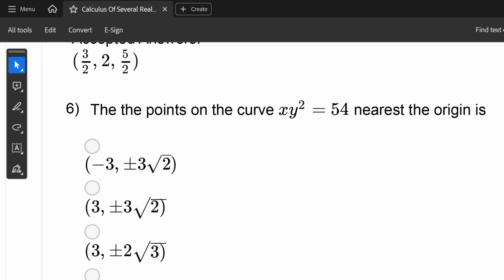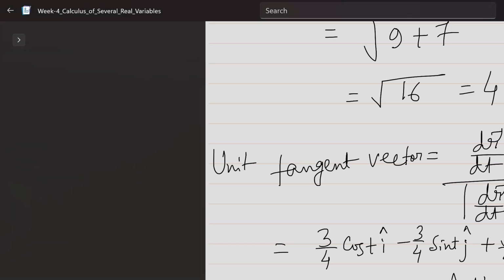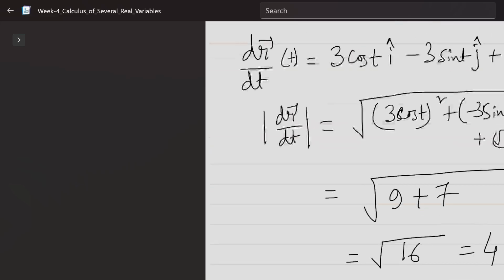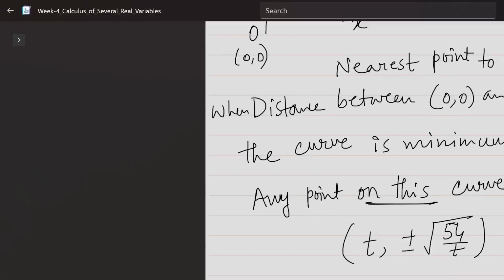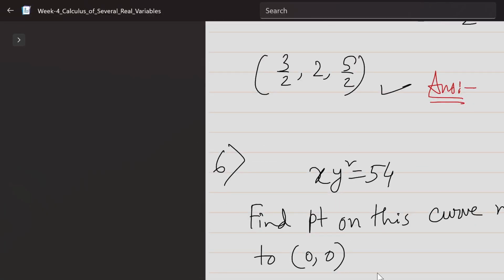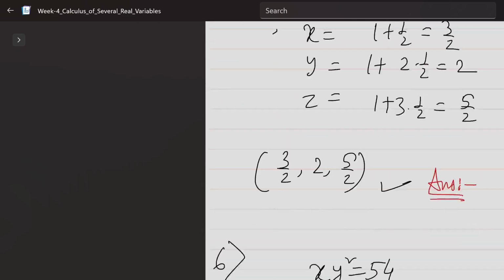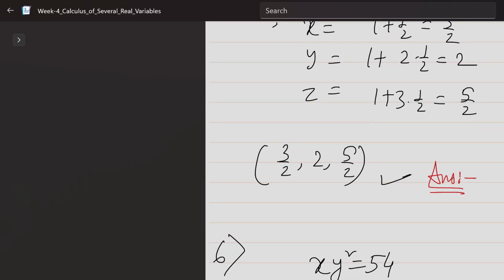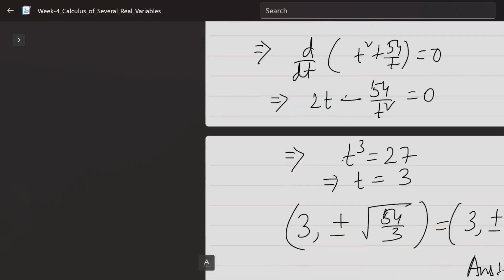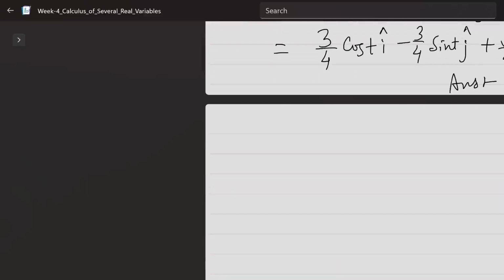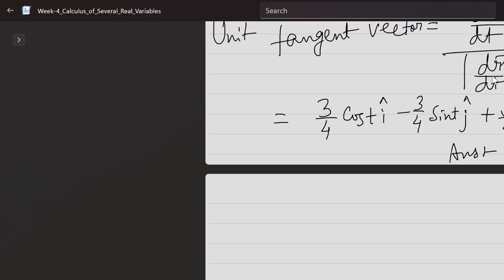For a 2D curve also, the direction ratio method can be applied. This x y square equal to 15, it is a surface. But suppose it is x plus 3y or x plus y, then I can find this by the DRS method for 2D also.